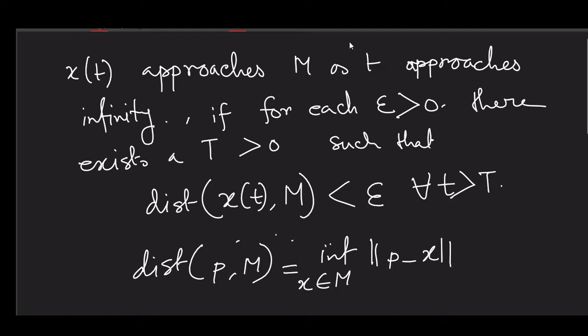So if you think your system is locally asymptotically stable, then the region within which your system exhibits that local asymptotic stability will act as an invariant set.